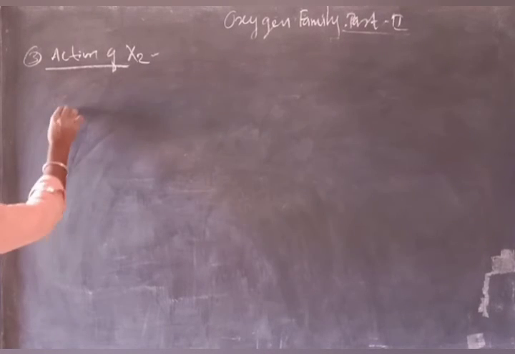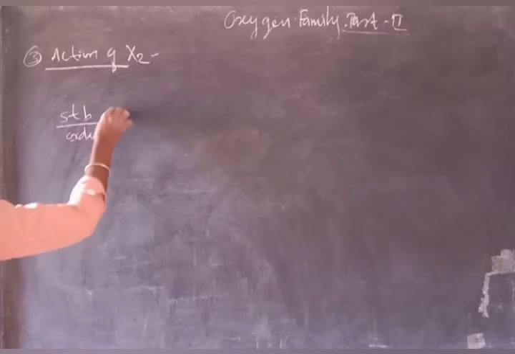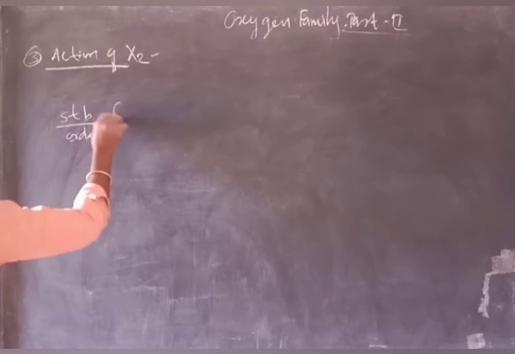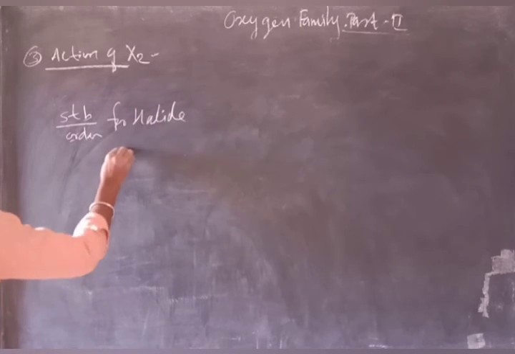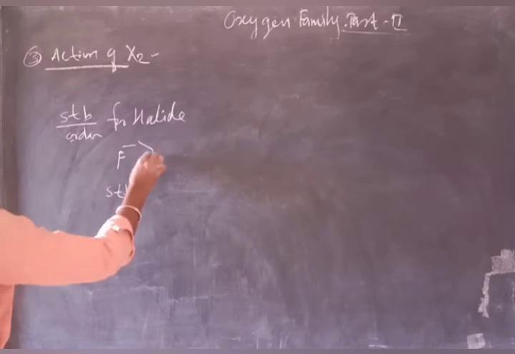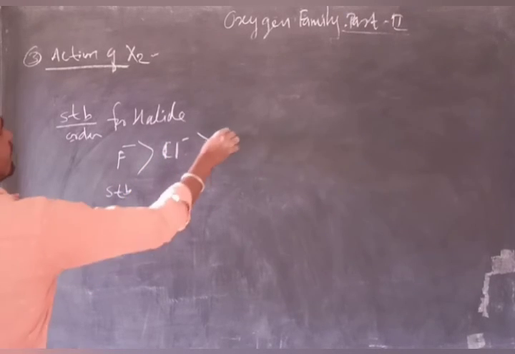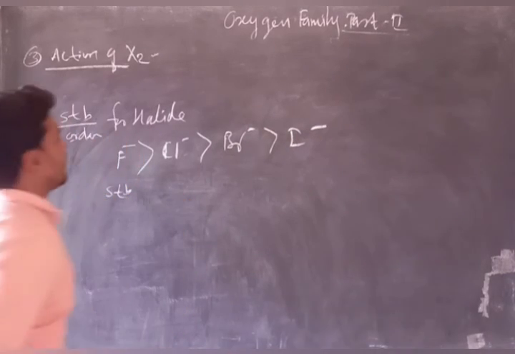Here we know the stability order for the halides, and obviously the fluoride is a more stable halide than chloride, then bromide, and then iodide.